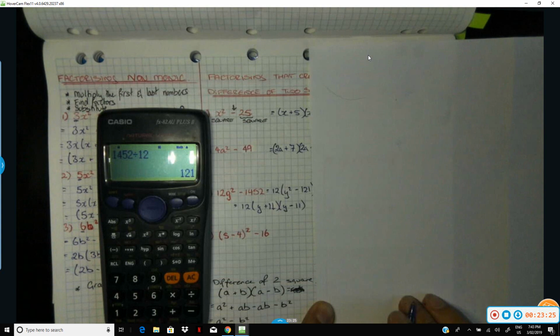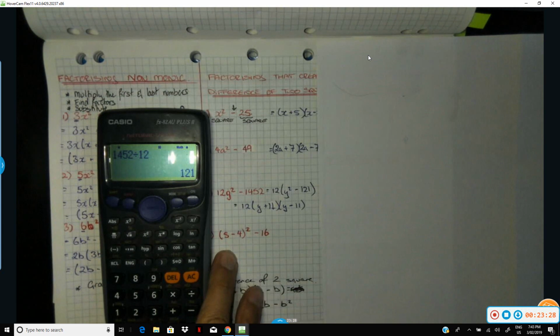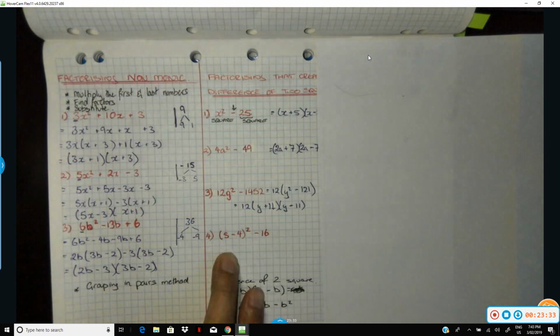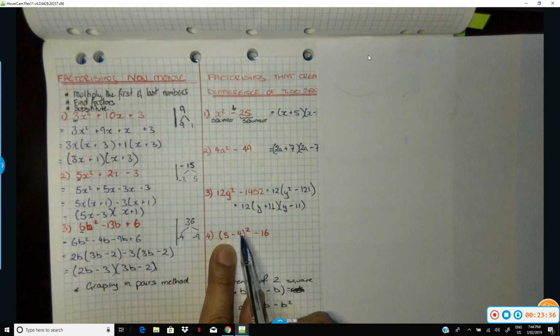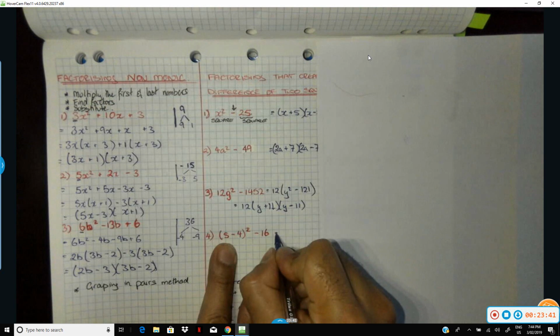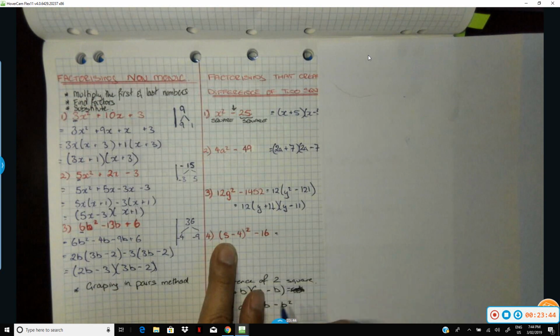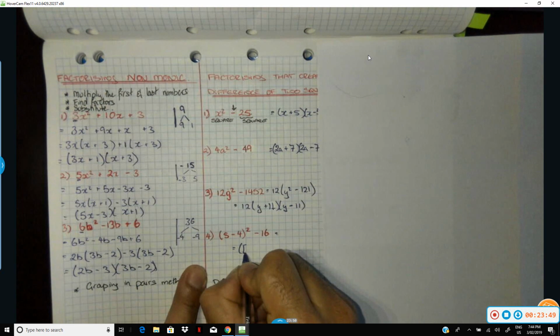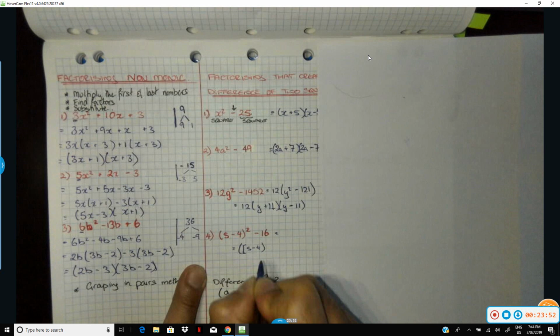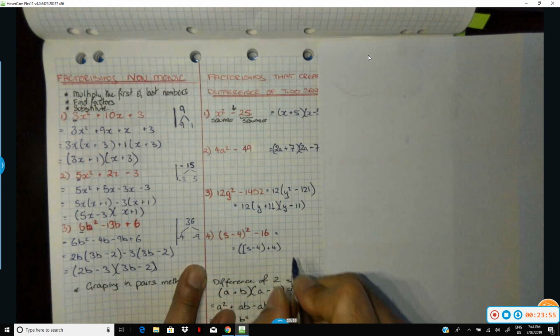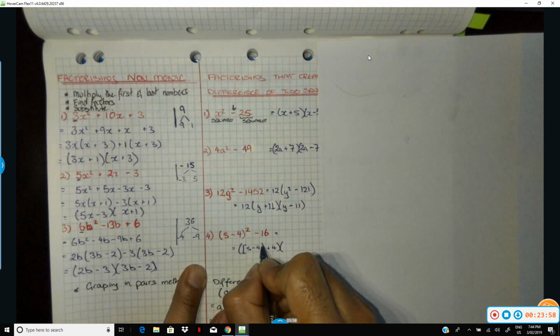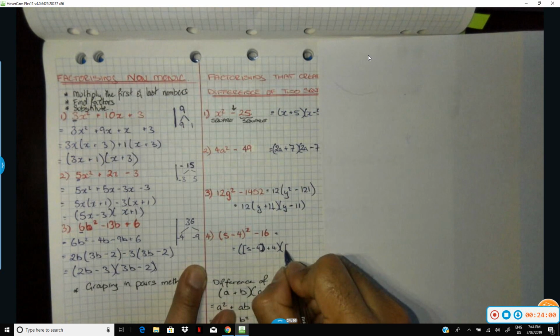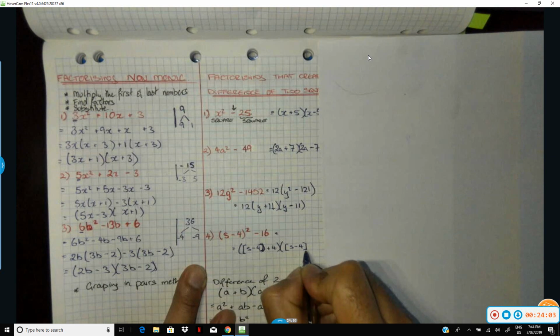Okay. All right. This one's an interesting one. This doesn't look like what we're used to as a perfect square, but this is a square. So if I substituted this as a, for example, a squared minus 16, you would have got a plus 4, a minus 4. So the same thing we can do. I'll do s minus 4 plus 4, and s minus 4 minus 4.